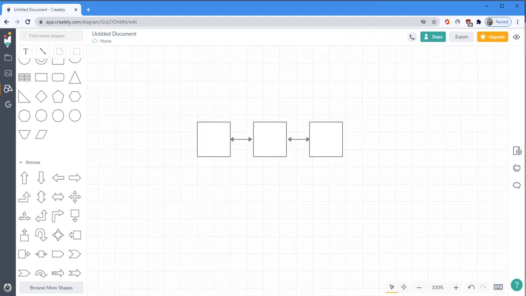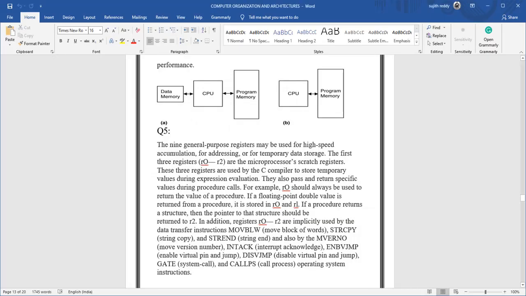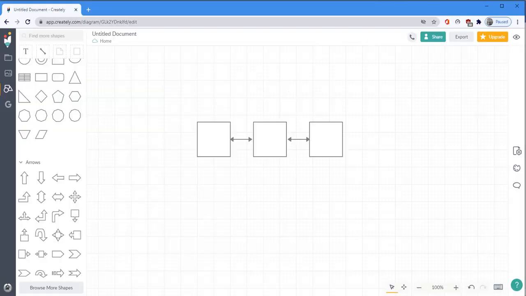So the first one is data memory, CPU, program memory. This is how you can draw the diagrams.